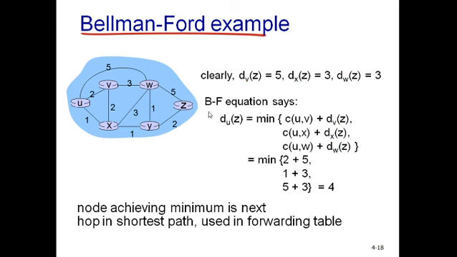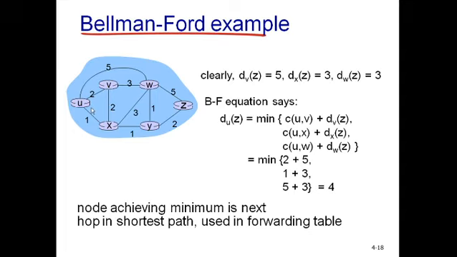Now according to the Bellman-Ford equation, duz would be the minimum of these 3 values: going to Z via V, going to Z via X, going to Z via W. You can see that cuv, since U is directly connected with V, is 2, and then V to Z is 5, so here 2 plus 5.